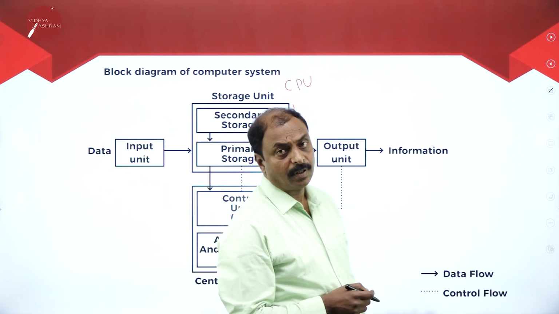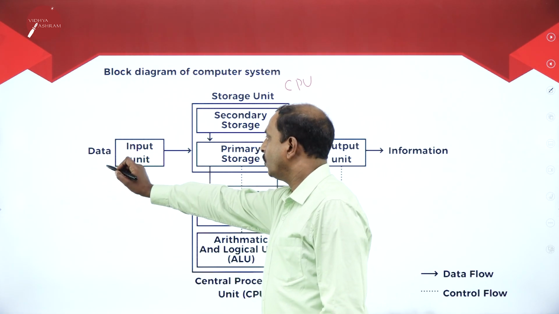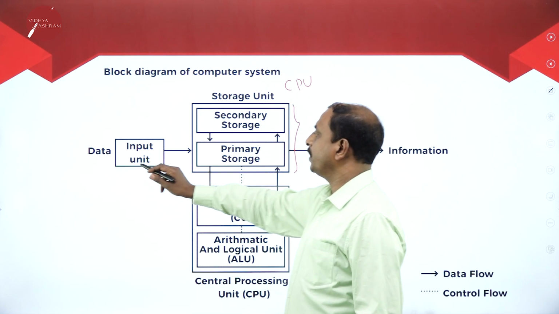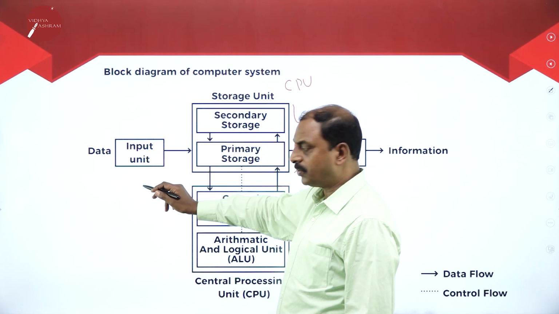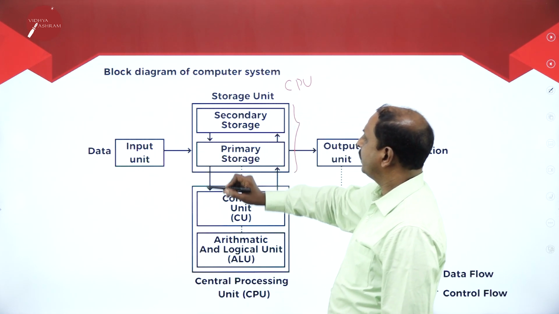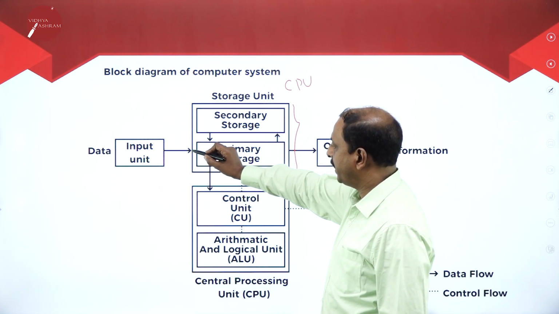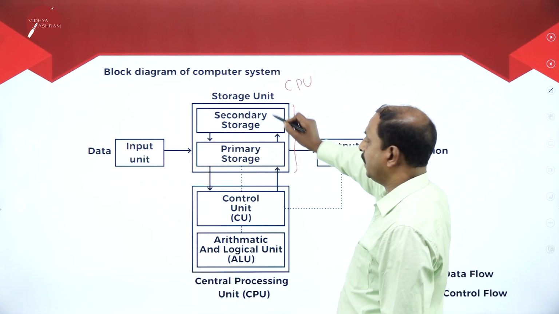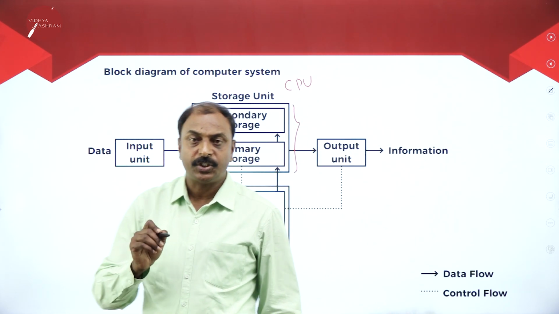So here, as we have seen in the previous slide, first data goes to the computer system through input devices, for example keyboard and mouse. Through the input device, the user enters the data. When the data is entered through input devices, first it is stored in computer memory along with the instructions.